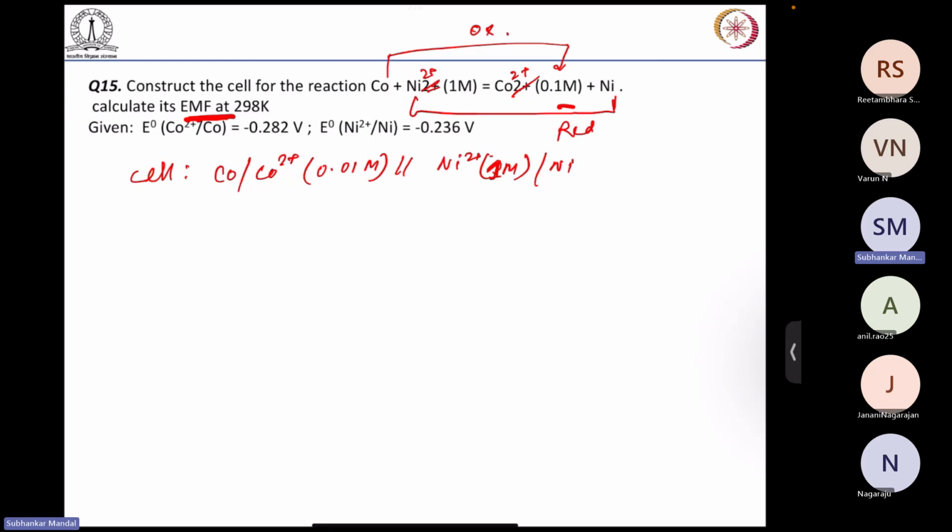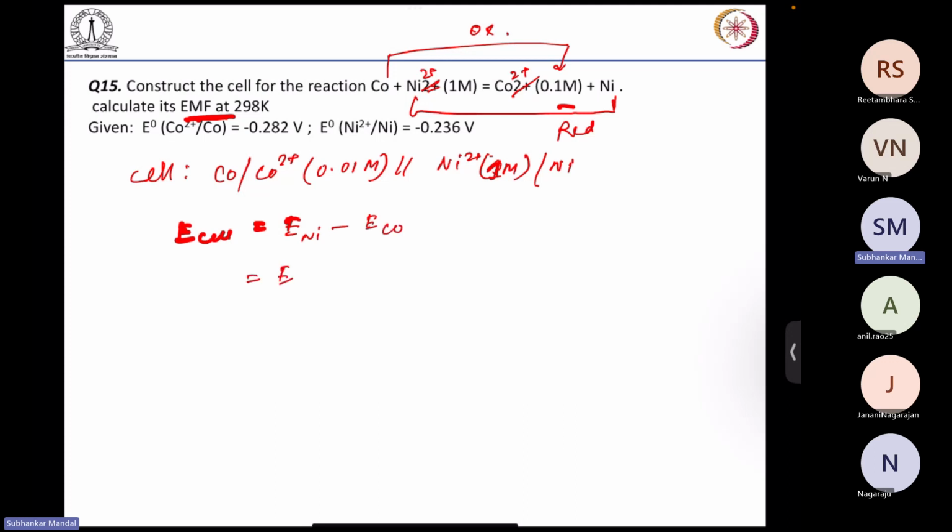If people can do this, I am doing it slowly. What will be the E cell? E of the right side, nickel, minus E of cobalt.